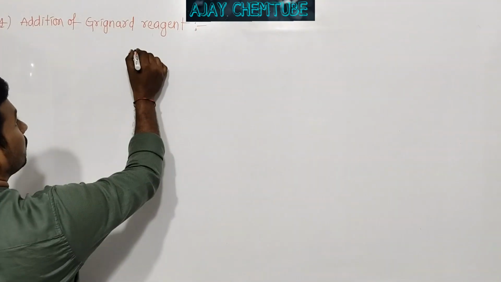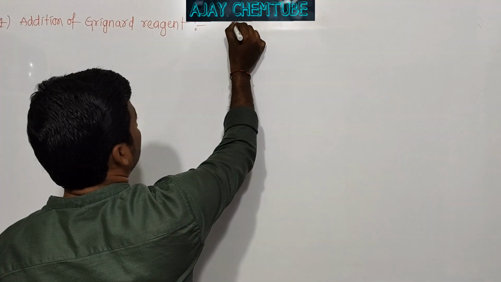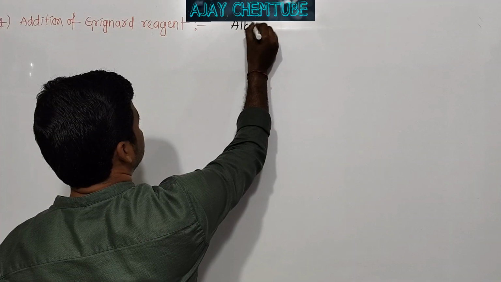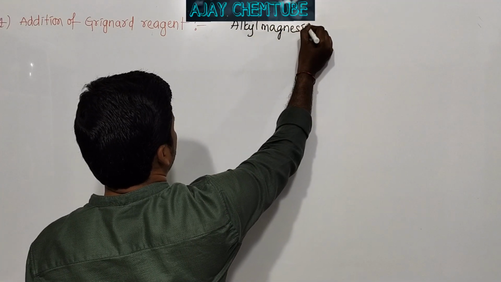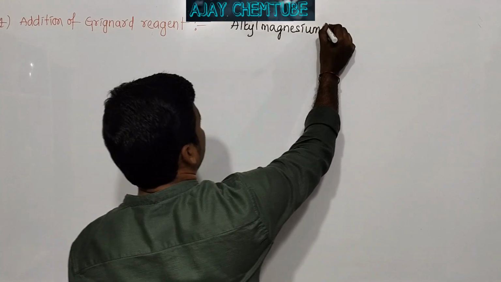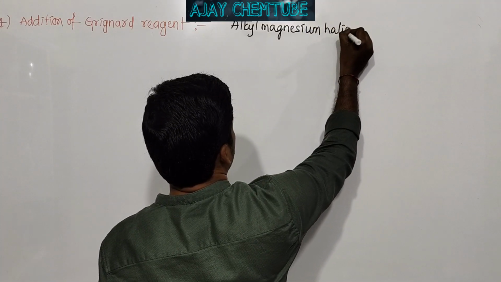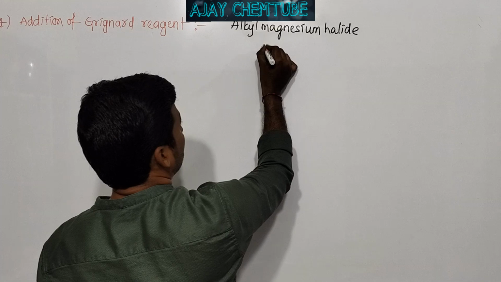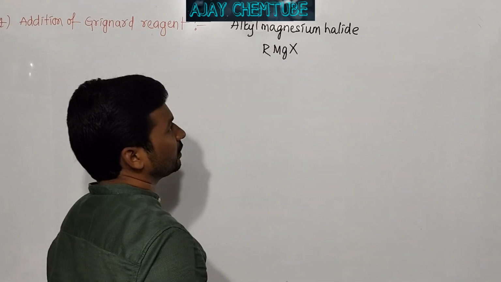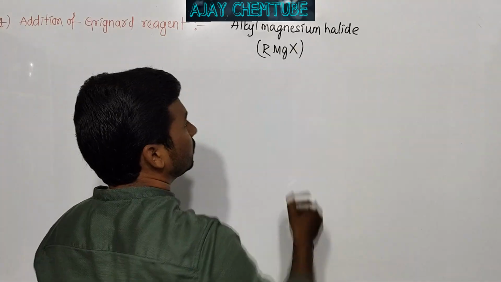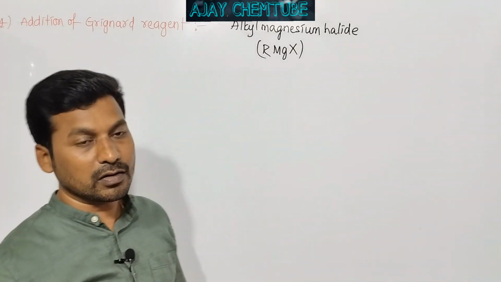Alkyl magnesium halide. Alkyl group R, magnesium Mg, halide X. This is Grignard reagent. Grignard reagent is an organometallic compound.